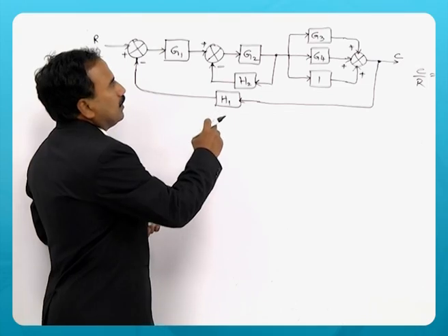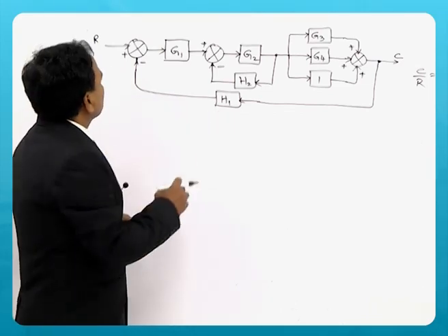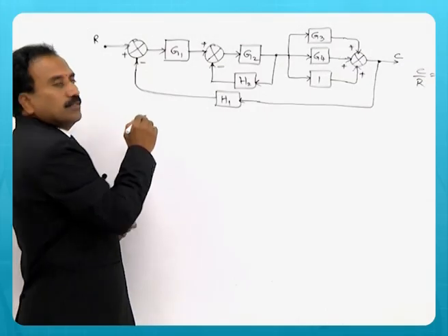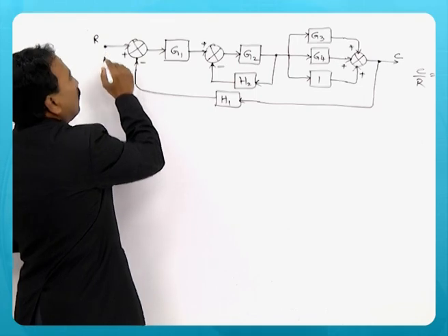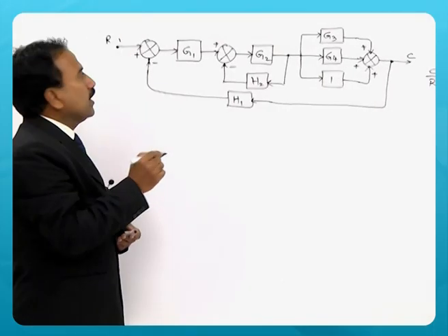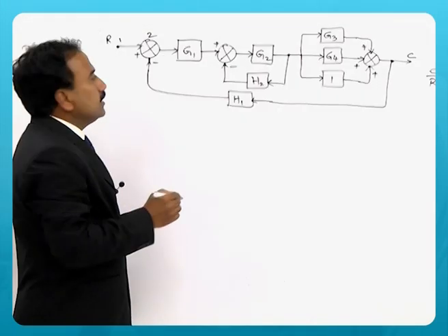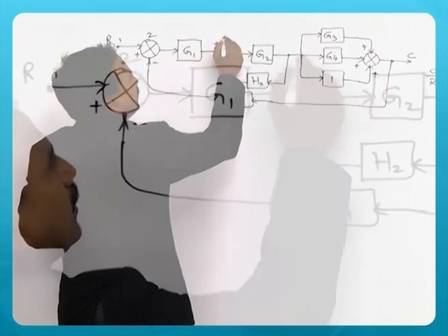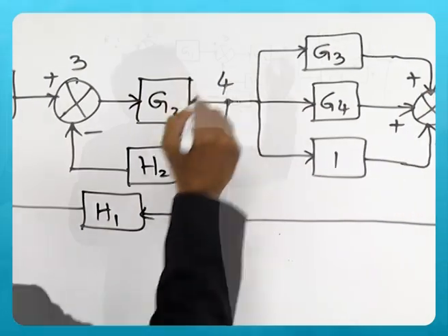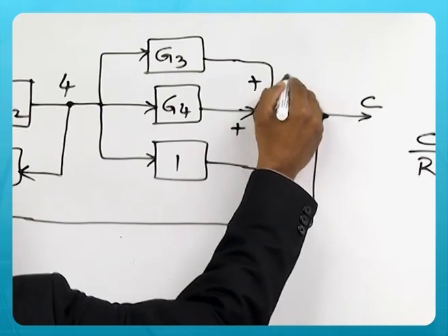So how to draw signal flow graph for given block diagram? Now for that, you identify input as a node, you represent it as node 1. Every summing point is also one node you consider, and summing point here is 3. Takeoff point also you consider as a node 4, and there is a summing point here 5.